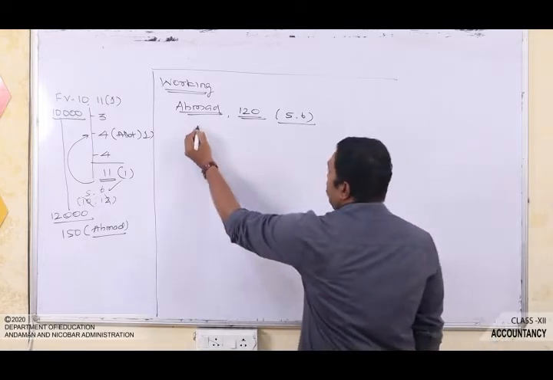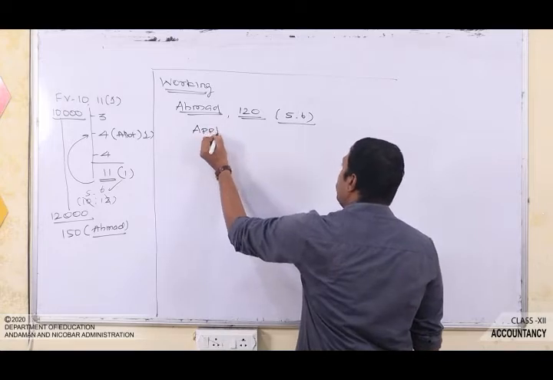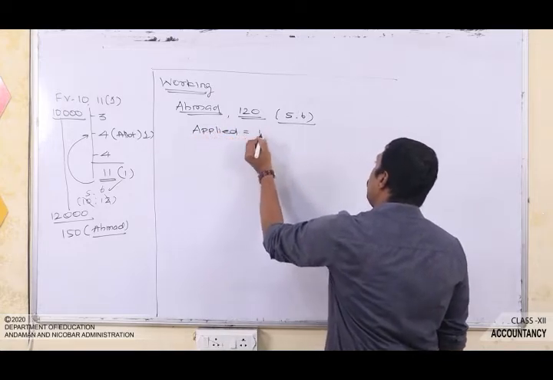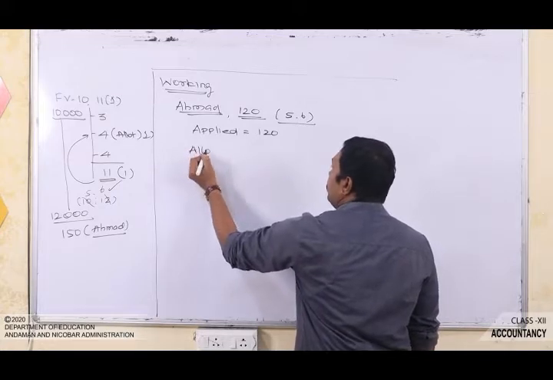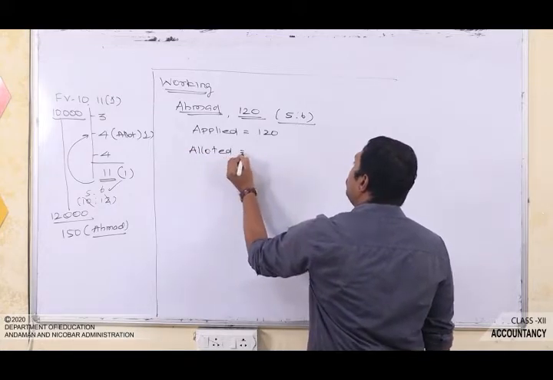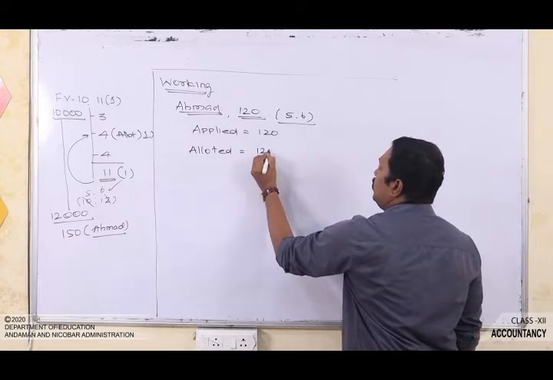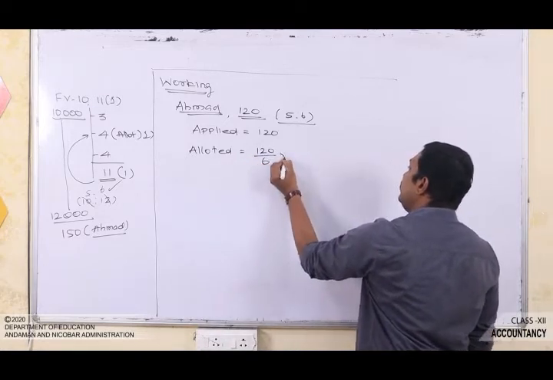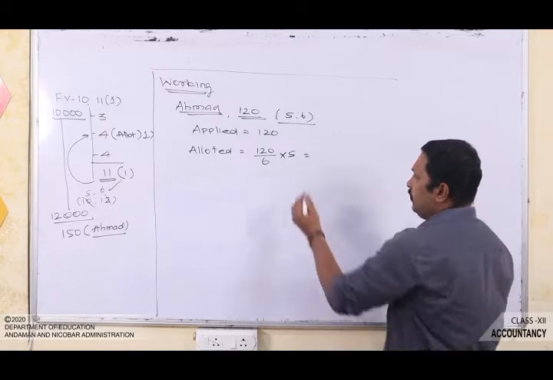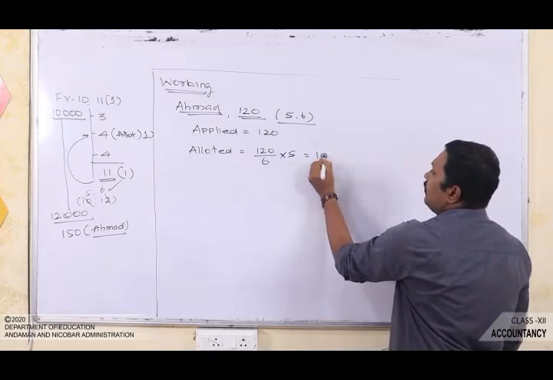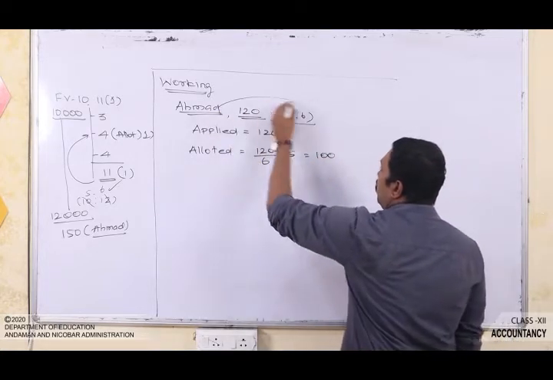What is given? Applied is given. Applied is 120. We have to calculate allotted. Allotted is equal to 120 by 6 into 5. 5:6, no? So Hamid was allotted 100 shares.